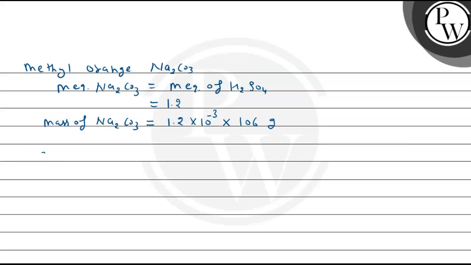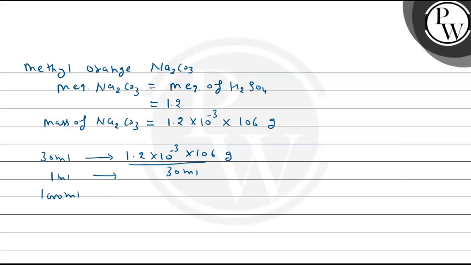So we can say that if 30 ml contains 1.2 into 10 raised to power minus 3 multiplied by 106 gram of Na2CO3, then 1 ml of mixture will contain, we have to divide it by 30 ml, and after that we have to find out in 1000 ml, that means 1 liter.